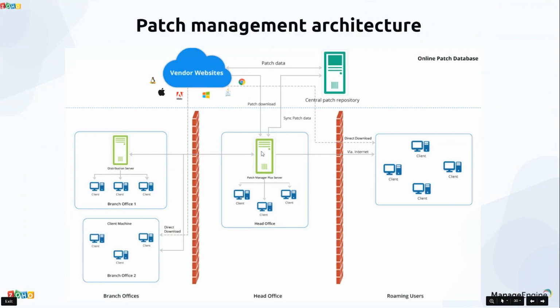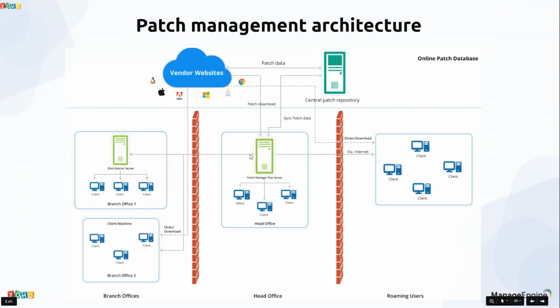After identifying the missing patches, the Desktop Central server will directly download the required updates from the respective vendor sites. The managed systems, based on where they are connected from, are allowed to download the patches from the Desktop Central server or directly from the internet. However, as an admin, you will have control to define the deployment date and time.